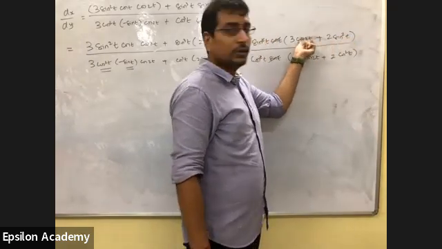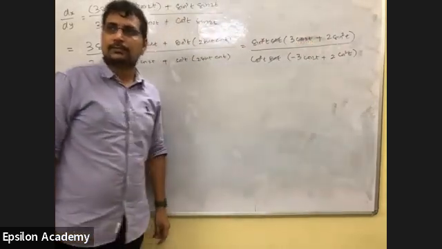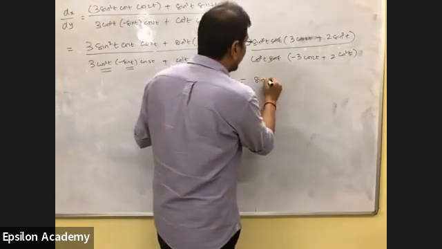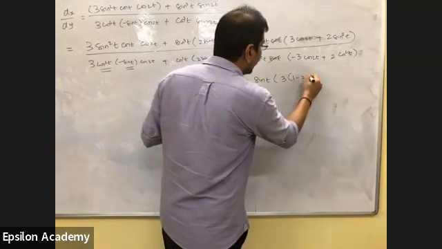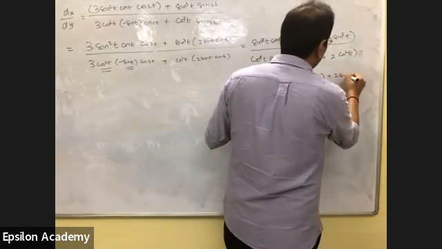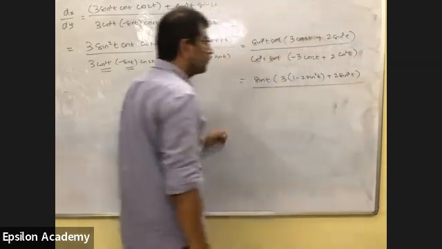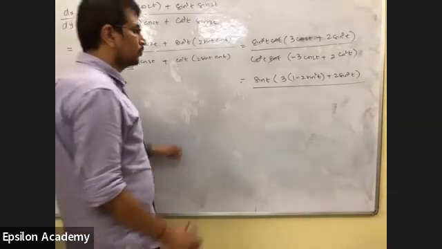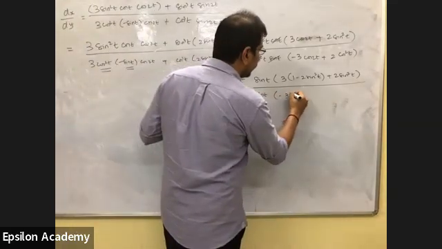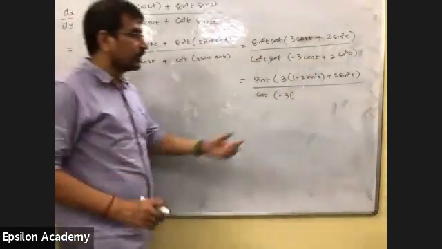I can write this cos 2t in terms of 1 minus 2 sin square t. Can I write it? So when I do that, I get sin t into 3 into 1 minus 2 sin square t plus 2 sin square t, whole divided by, what should I write this as?